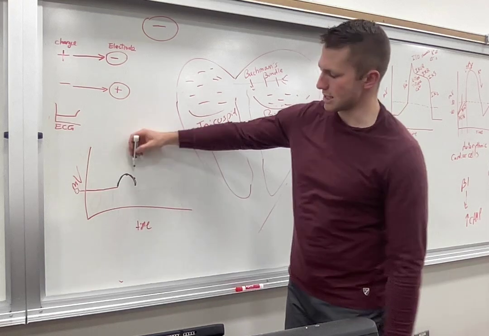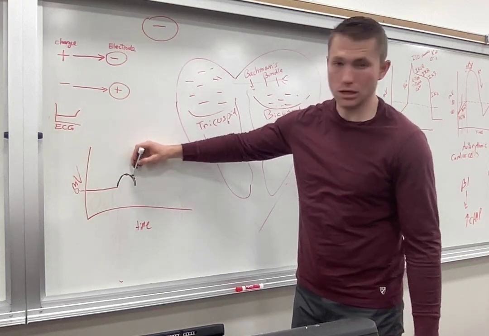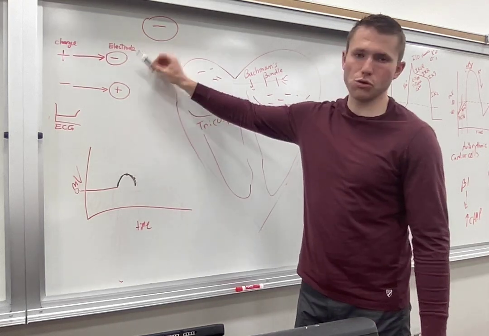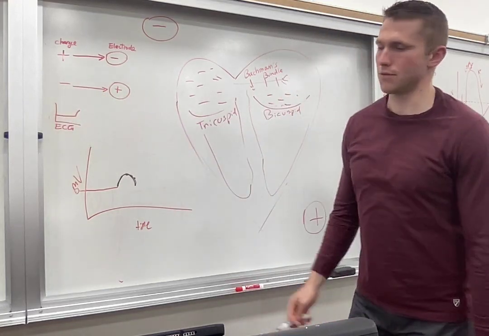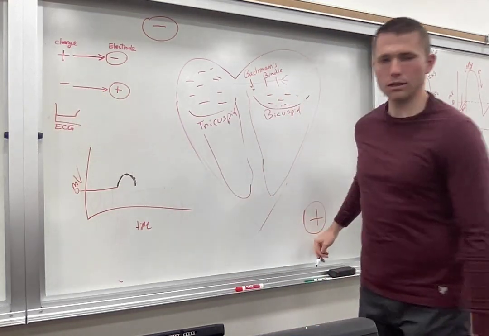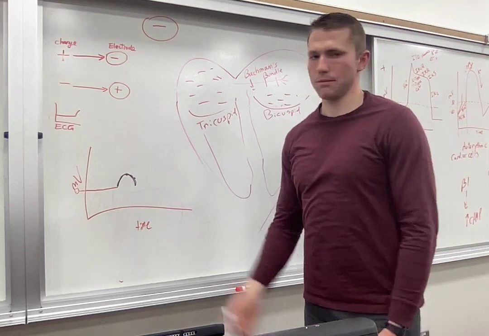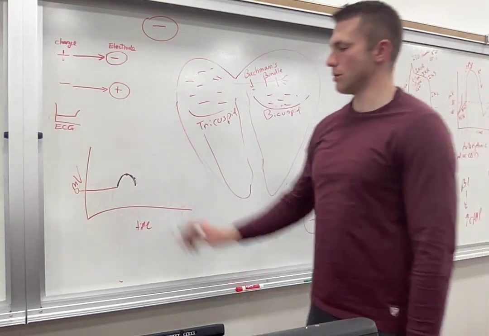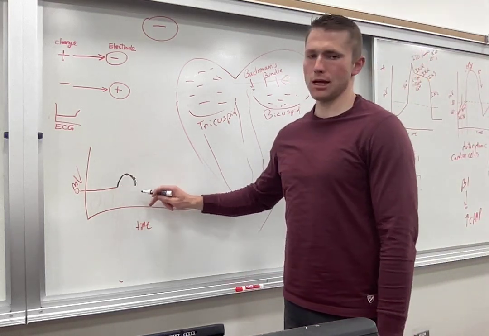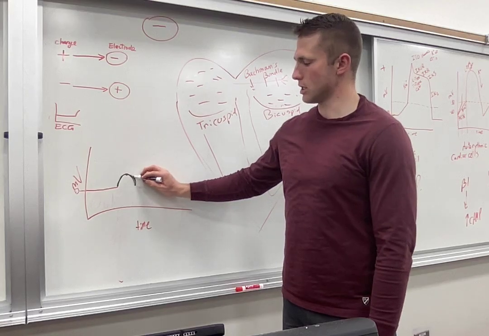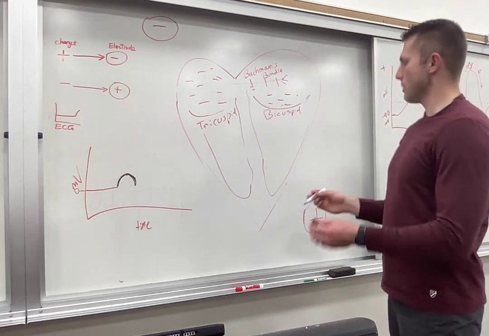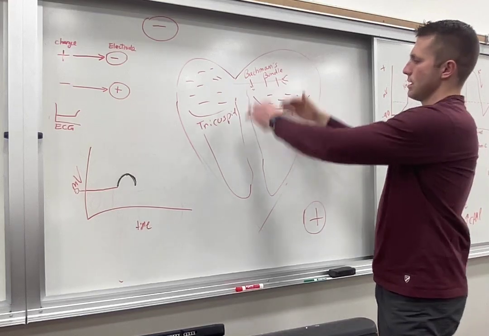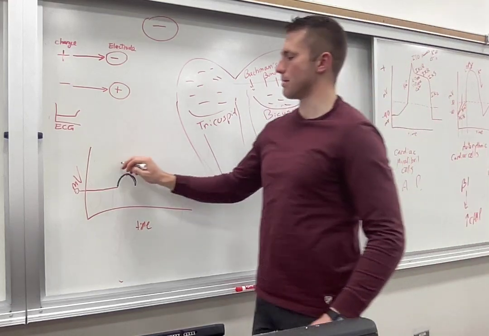Because I was like, well, wait a second, why is it traveling down if we're still following this rule of opposite charge vector traveling towards the opposite electrode? Well, no, it's just because the ECG connects the dots, and each of these dots were above the baseline. Okay, so now that we've covered that, we're going to call this the P wave.